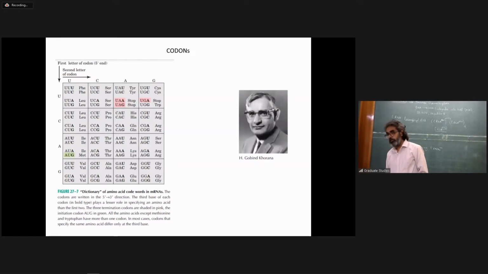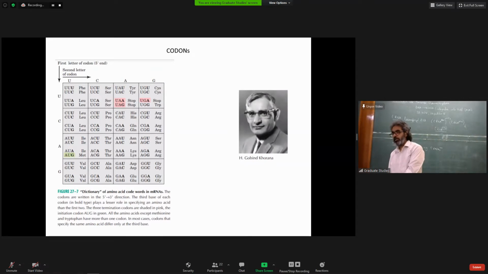But artificially, people have been doing this: if you use 4, of course you will have much more variety, 64 times 4, so 256, I guess. But that's only for artificial things. For natural things, it looks like 20 amino acids is good.